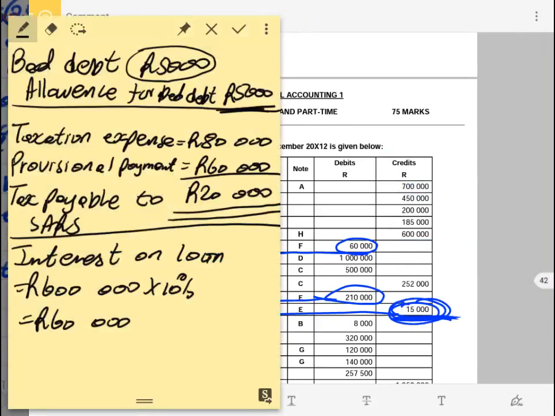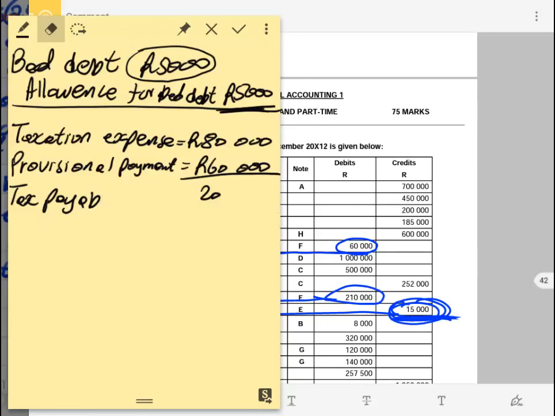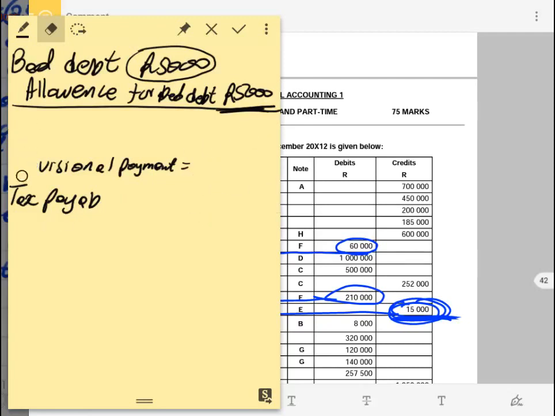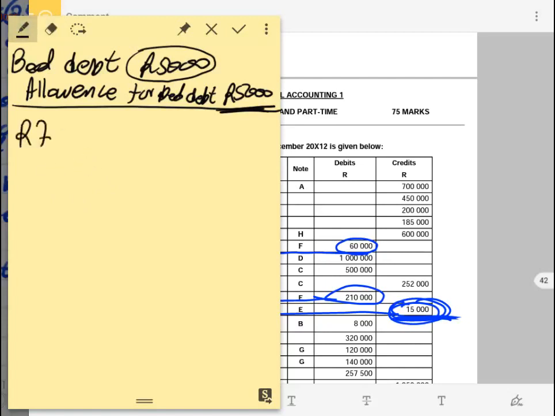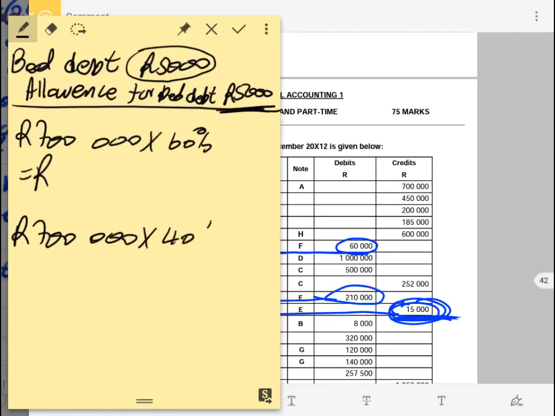So now let us split that 700,000 rands in the ratio of 60% to 40%. So now we just say 700,000 rands times 60%, which is the first member's share. Then the second member will be 700,000 rands times 40%.